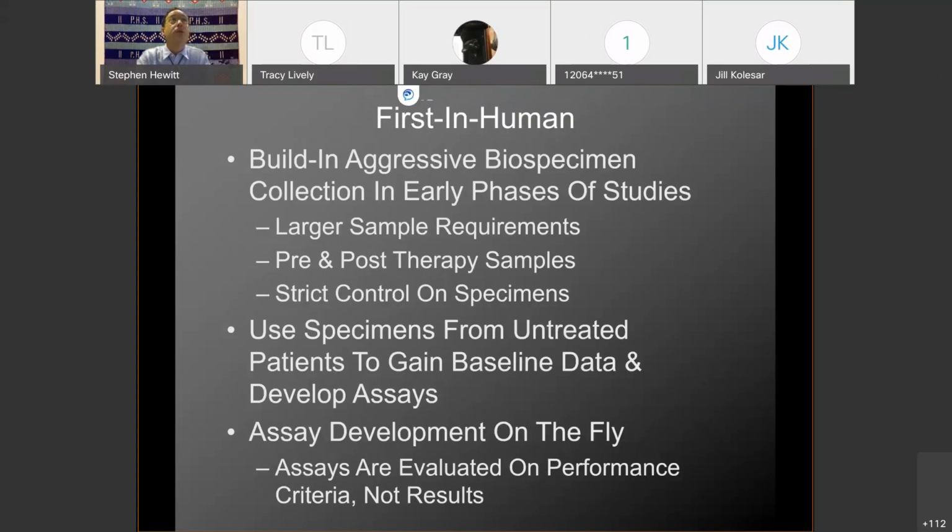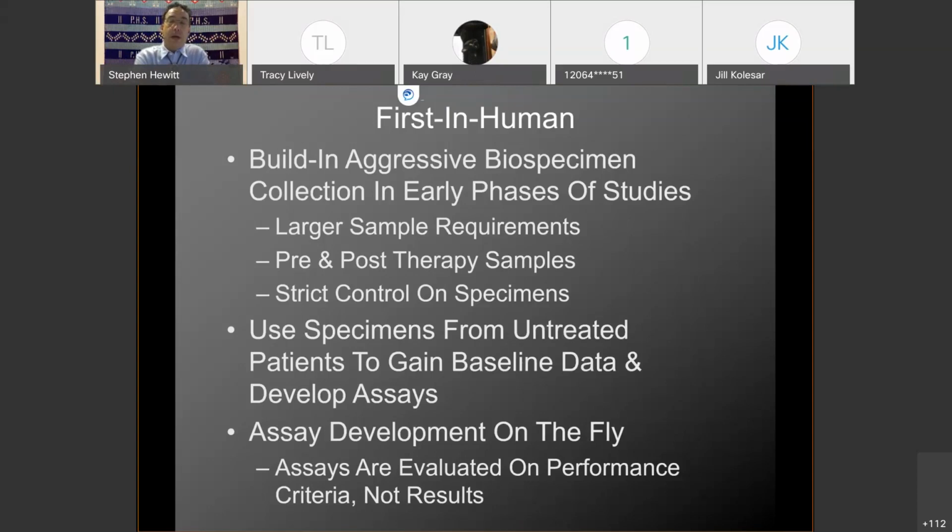First in human, this is a big topic. You really need to build in a biospecimen plan early. And one of the challenges that we often face is the desire to build a predictive biomarker early in the clinical trials, where you really cannot define the final aspects of the predictive biomarker until later stages.